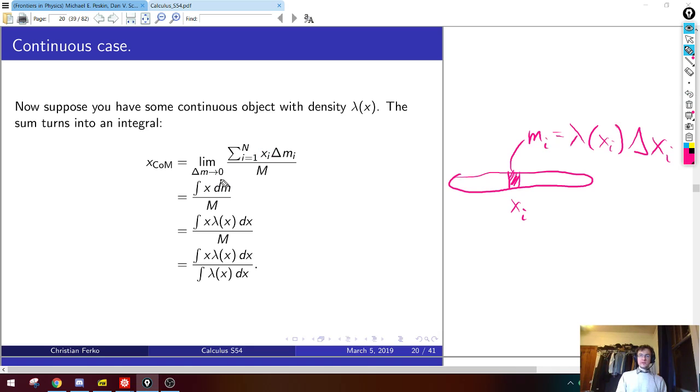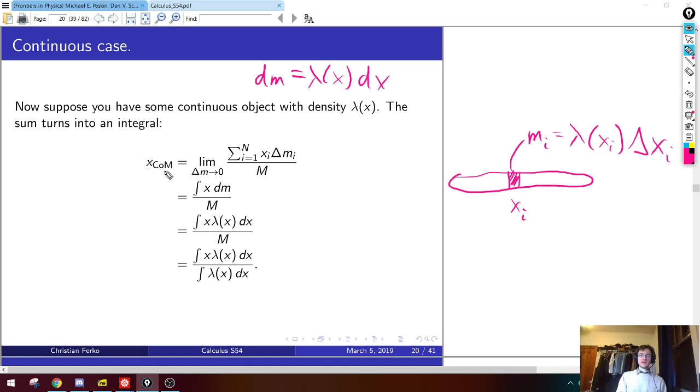But it's more useful to change variables and not do the integral dm, but to change to dx, using the relation dm is lambda of x dx. So I replace the dm by density times dx, and that gives us this expression.